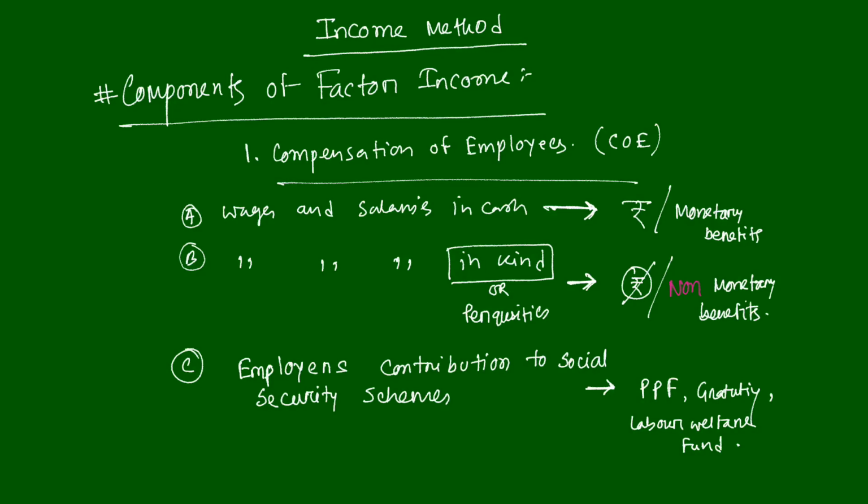Here wages and salaries in cash includes rupees, that is monetary benefits, like salaries, wages, bonus, dearness allowances, all monetary value. Next, wages and salaries in kind, that is perquisites. It is totally non-monetary benefits. It includes educational facilities provided by the employer, free medical facilities, free car, free home.